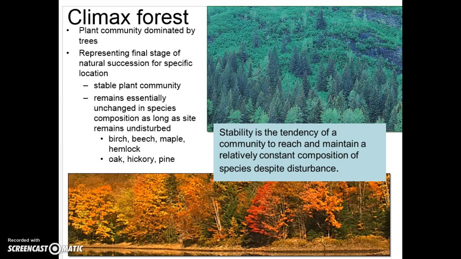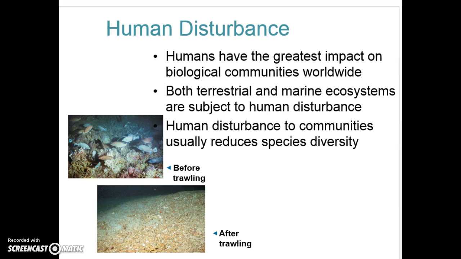So I've talked about volcanoes and forest fires, but we also have human disturbance occurring. Humans actually have the greatest impact on biological communities if we look at what's going on around the world. Both on land and in the oceans, there is human disturbance, which throws everything off balance.